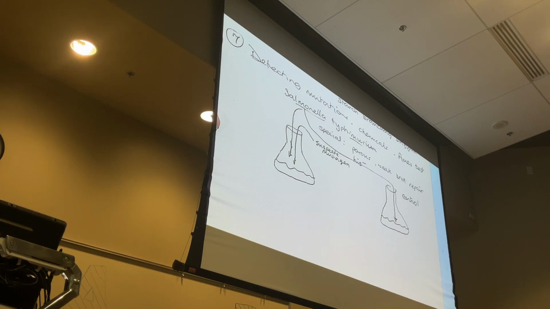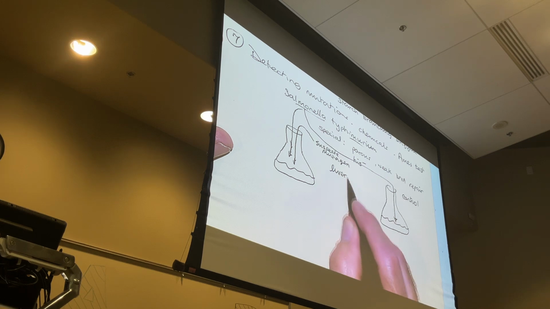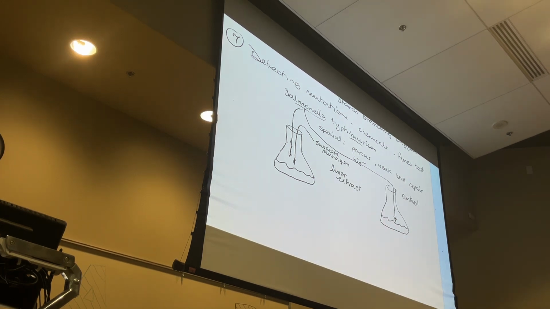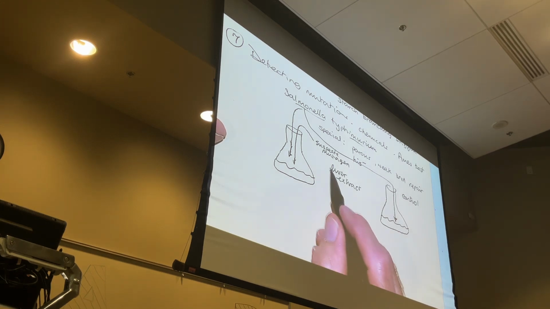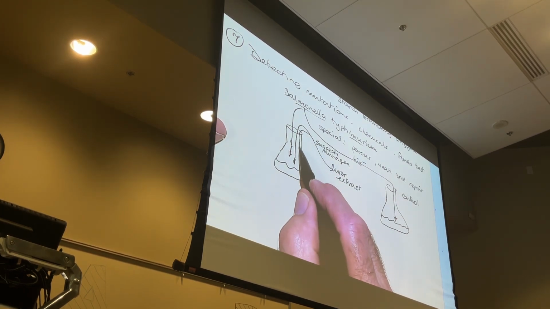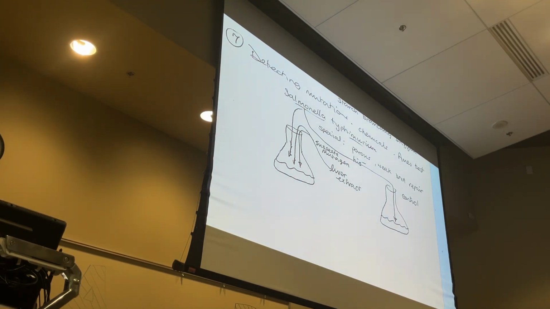One of the really clever pieces of these experiments is that they also add some liver extract into here. And the reason for that is there are a whole bunch of chemicals that are known to be okay on their own.